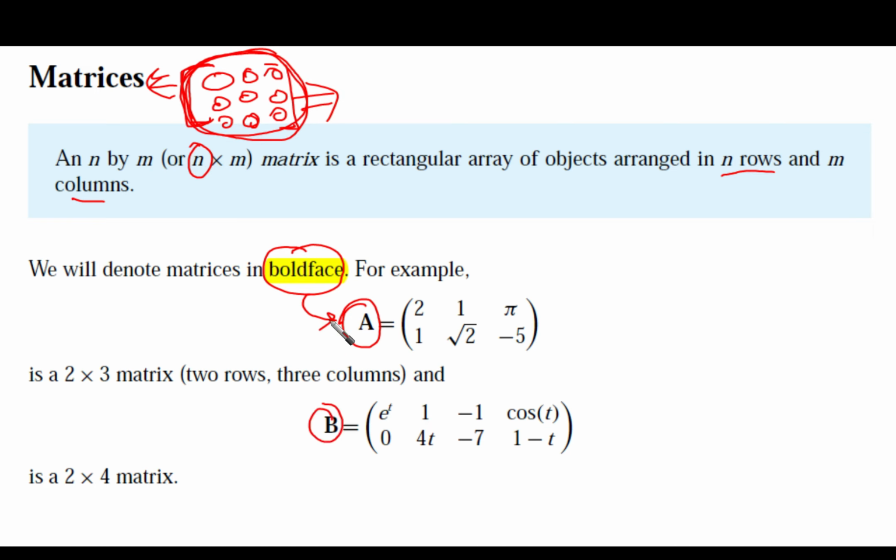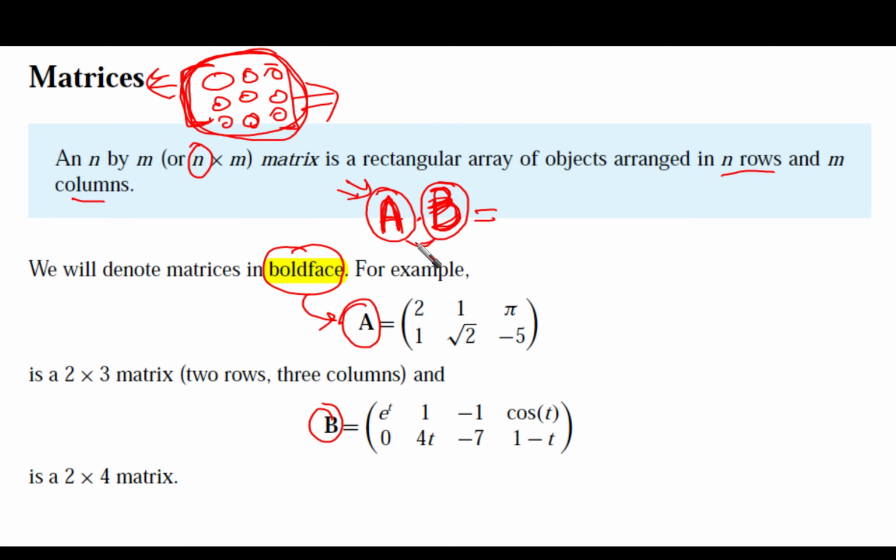Boldface, you are going to find it bold. So whenever I write, for example, A dot B, from now on you should understand that A does not mean a number, it means a matrix, especially if it's bold. And B also is a matrix.